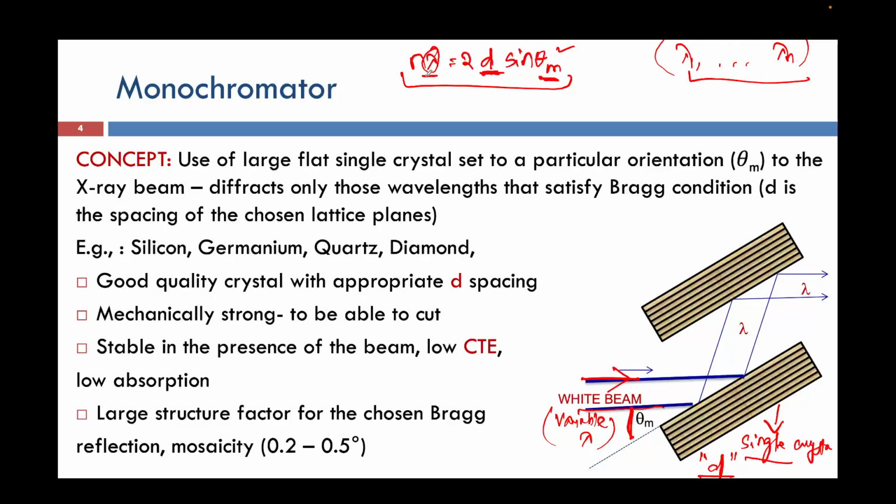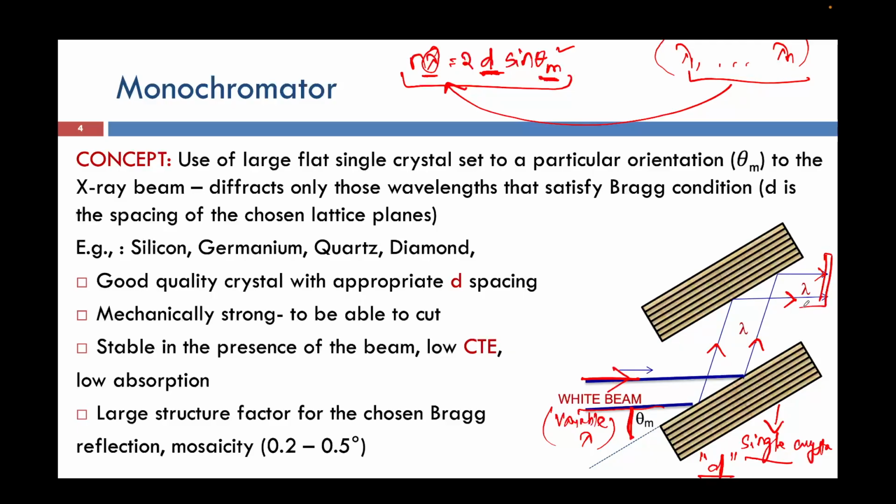Only one wavelength will satisfy out of this, and that wavelength will be reflected here. Okay, and using another monochromator, I can use this X-ray beam to analyze my sample towards this.